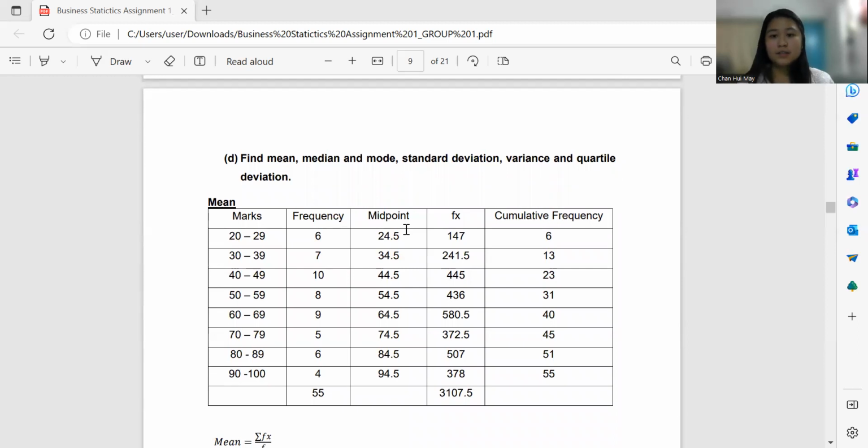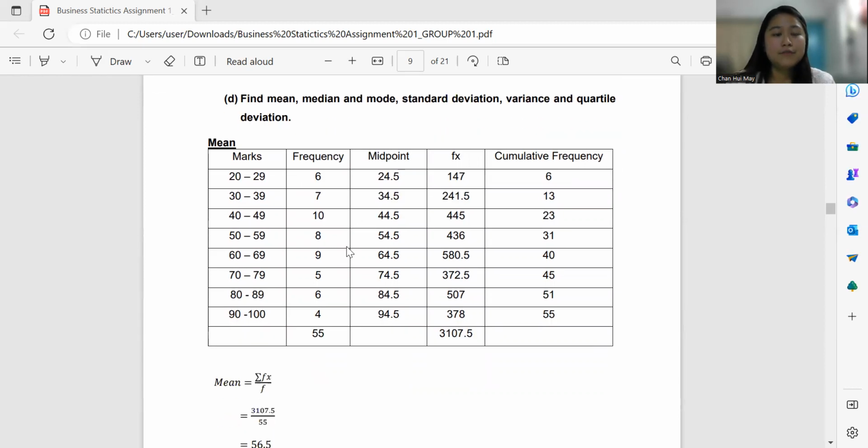After drawing the ogive and the histogram, you will find the mean, median, mode, standard deviation, variance, and quartile deviation. For finding the mean, for the continuous data, which is the classes, we need to find the midpoint. For example, 20 to 29, the midpoint is 20 plus 29, divided by 2, so we get the midpoint 24.5.